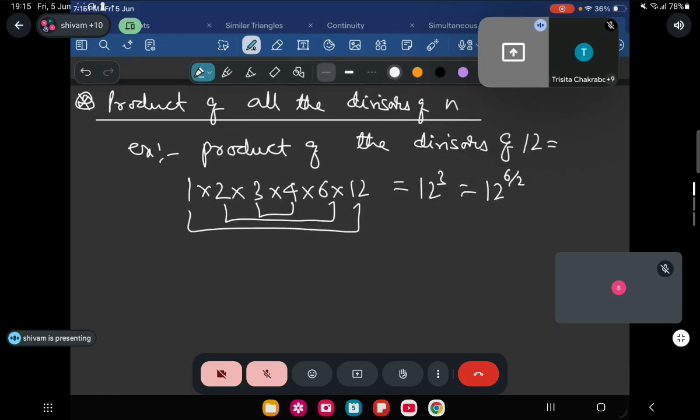But will this happen in perfect squares also? What do you think? No. Let me imagine. Yes, sir, it will happen. Okay. Product of the divisors of, let us say, 36.